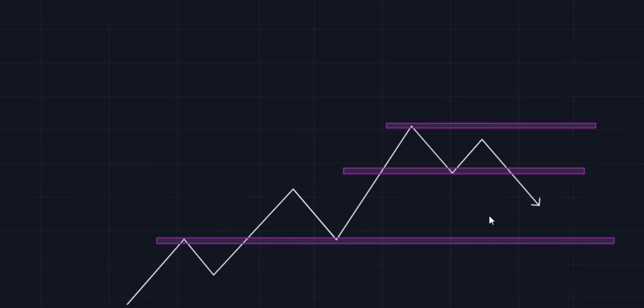So identifying the next zone gives you an edge. It gives you the advantage of capitalizing if the market starts moving to the next zone. And identifying the previous zone is also crucial if the market reverses from the current zone.